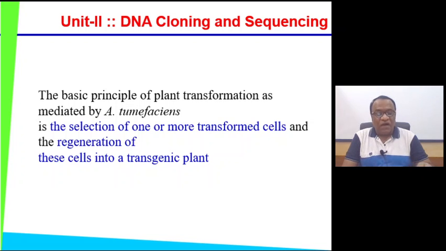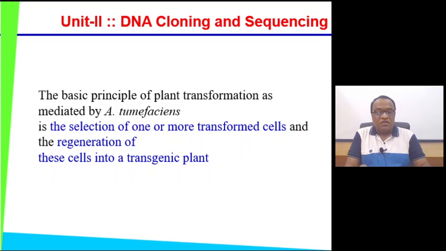Right. So after the co-culturing period, the explants, the small pieces of the plant tissues, are maintained in a specific medium which contains a selection agent and an antibiotic that prevents the regeneration of untransformed cells.